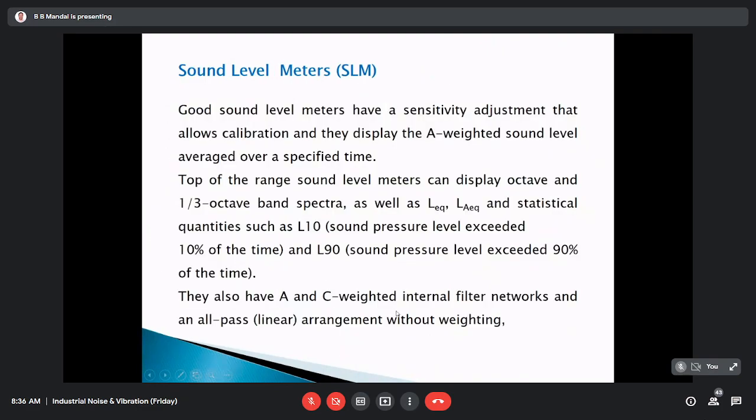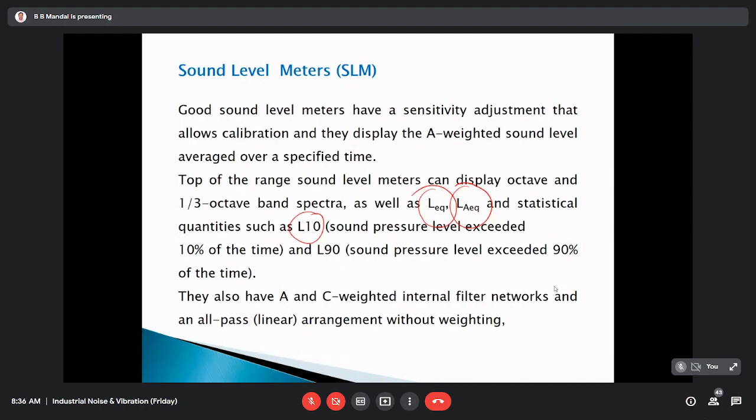Now what are the things that, apart from the LAQ, we want to know? We need to know the LEQ, which is not weighted. We must know LAEQ, which is a weighted L equivalent. And there are also very interesting quantities like L10. That means the sound pressure level exceeded 10% of the time.